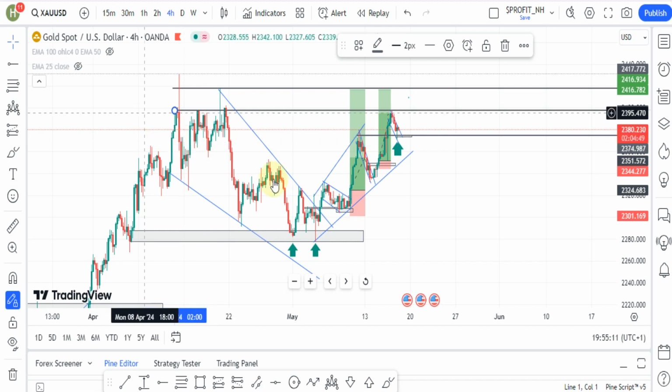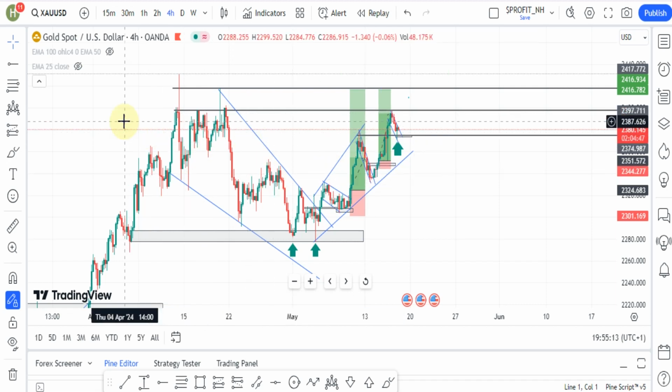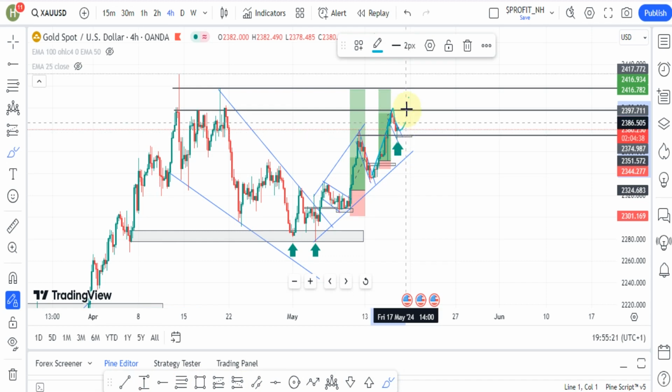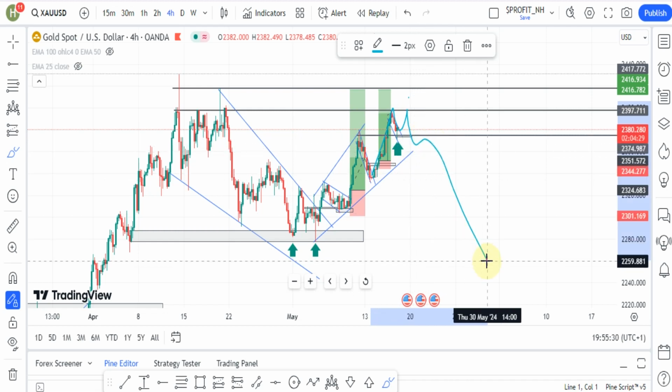If that's the case, then this gold market will come up to this area and give us something like this before moving down and probably breaking below that area. Then we continue pushing to the downside.